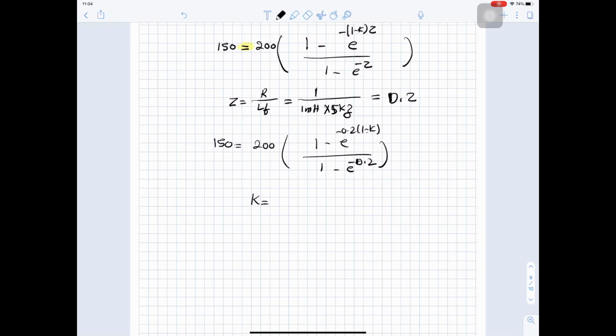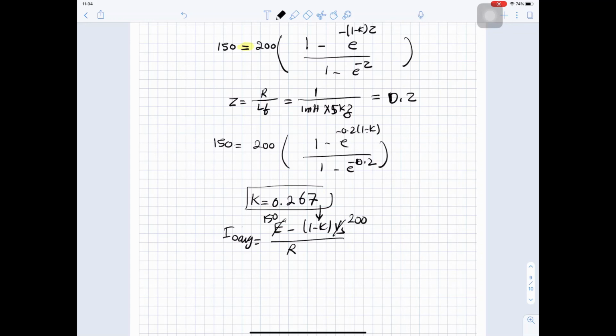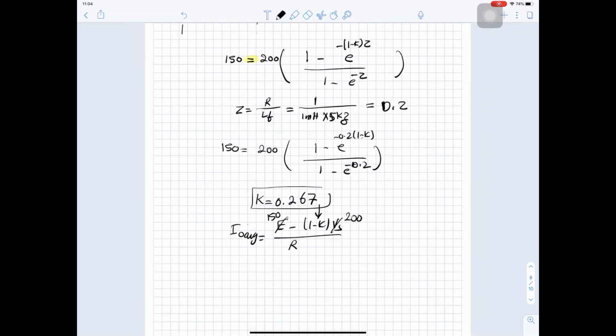So K in this equation will be 0.267. Once we got K, we can say that I out average equals E minus (1 minus K) V source divided by R. E is 150, V source is 200, and we have K, so we can calculate I out average.